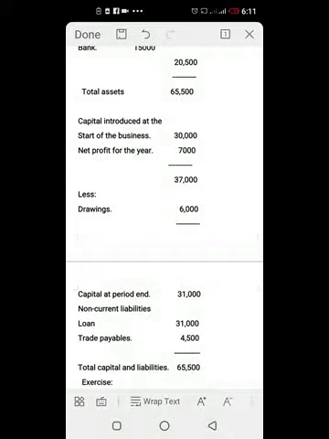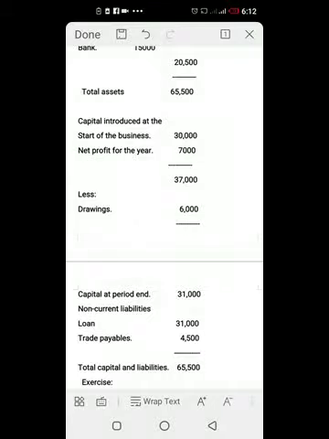Now, that will take us to our liability. Remember, capital is a liability. So to start the business, the capital will be written. The capital introduced to start the business, which is 30,000 naira, is a liability. Then net profit for the year, which is 7,000 naira.